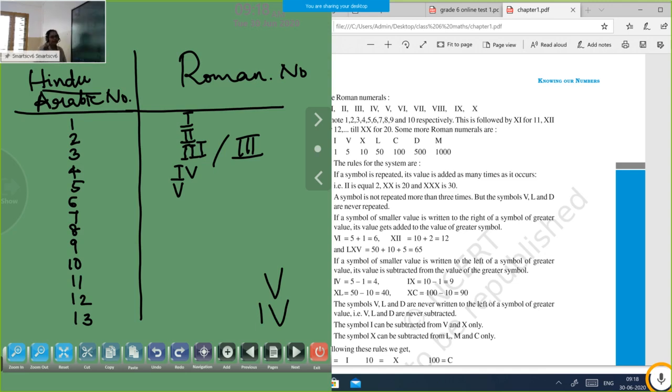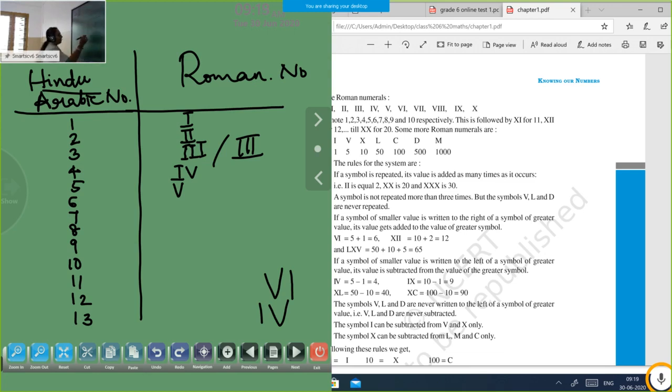Next, 6. 5 plus 1 is 6. So 5 is V, and we are adding 1. Addition means we put it to the right side of the number. Subtraction means to the left side of the number.